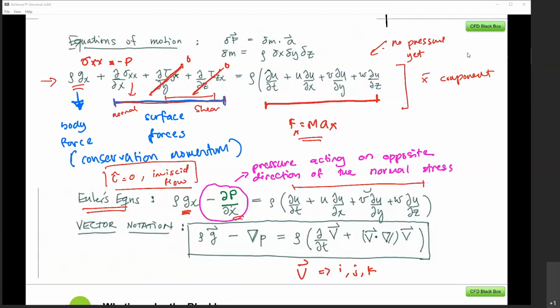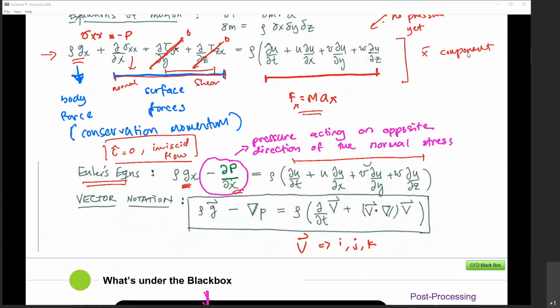If we convert this into vector notation, rho g, this is the general form, rho g minus the vector operator on p. Remember, this basically means d/dx, d/dy, or d/dz.